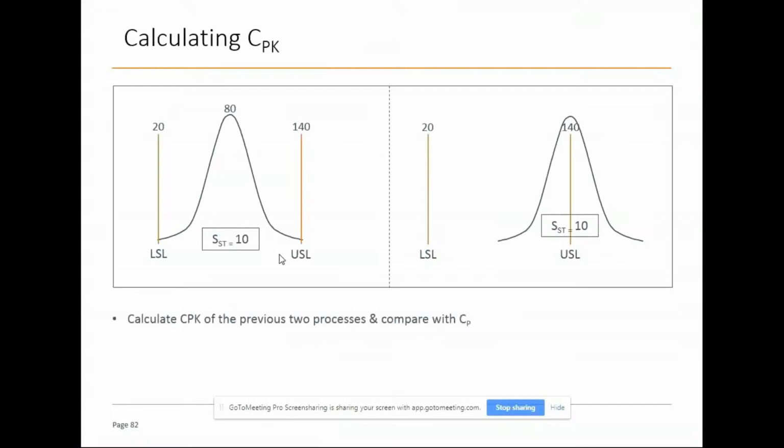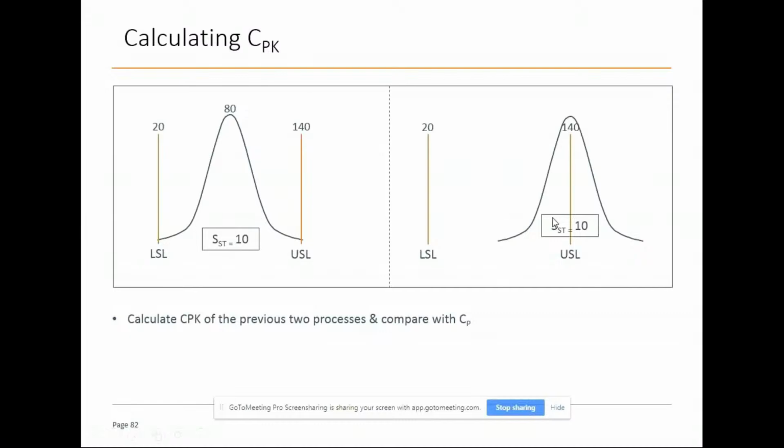Yeah, on the left hand side, it'll be the same, right? 140 minus 80 is 60, divided by 3 standard deviation, which is 30, which is going to be 2. And 80 minus 20 is 60 again, divided by 3 standard deviation, which is 3 multiplied by 10. It is again going to be 2. So CPU is 2 and CPL is 2, so CPK is going to be equal to 2 in this case.